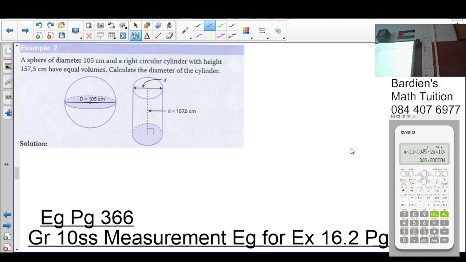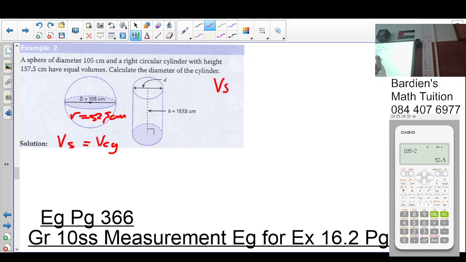So if the diameter is 105, the radius is 52.5. The sphere and the right cylinder with a height of 157.5 have equal volume. So the volume of the sphere is equal to the volume of the cylinder. Calculate the diameter of the cylinder.